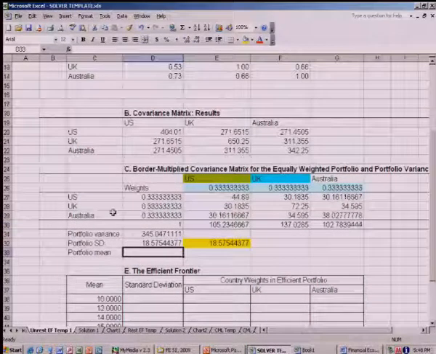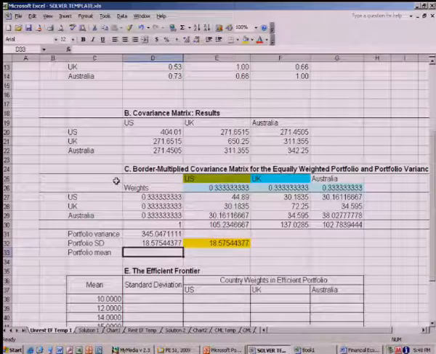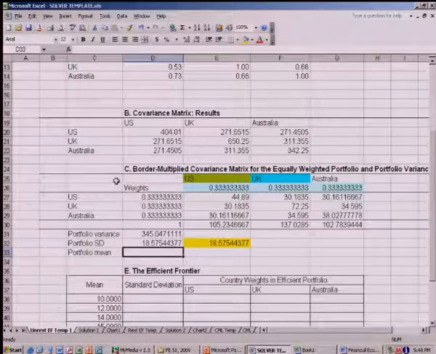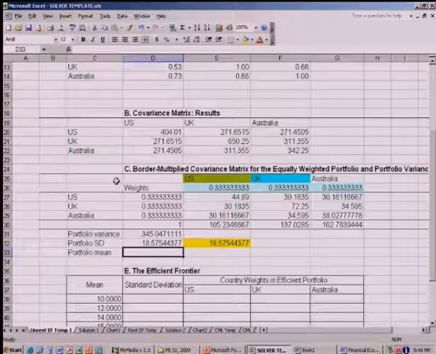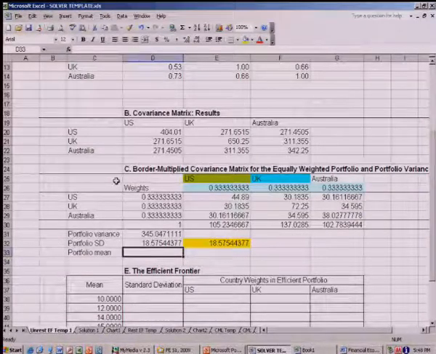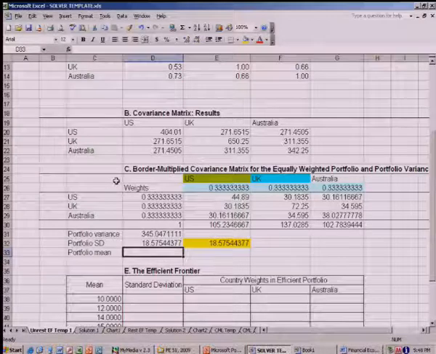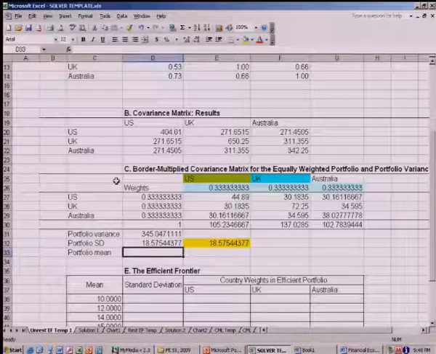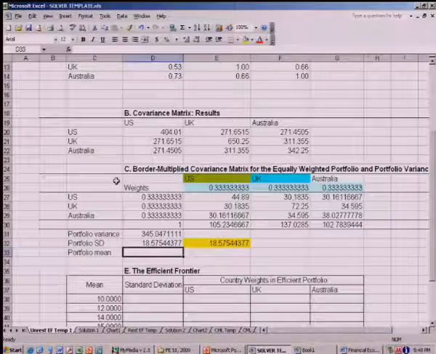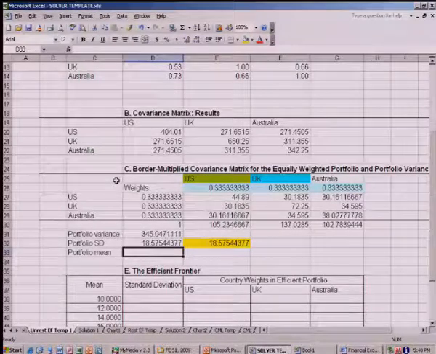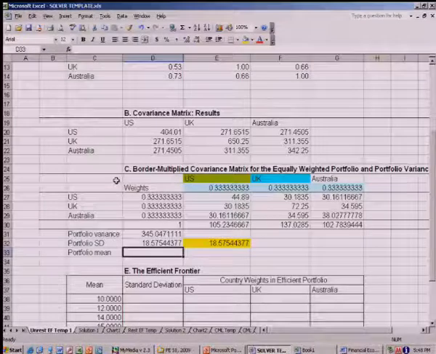But the next step, before I can go ahead and construct our efficient frontier, is to actually find what the portfolio expected return is. And with the portfolio expected return, you know that it's the sum of all of the products between the weights on individual assets and their own individual returns.